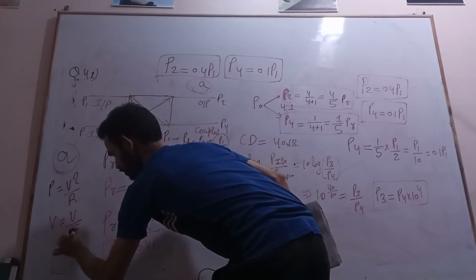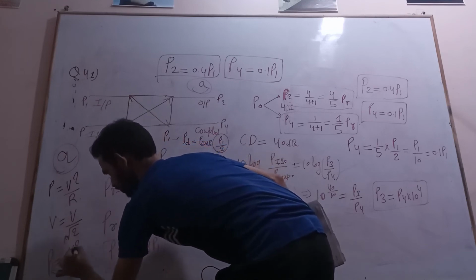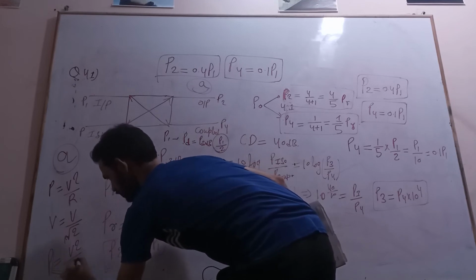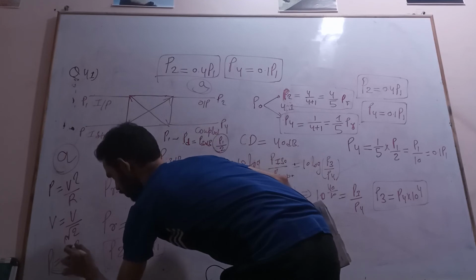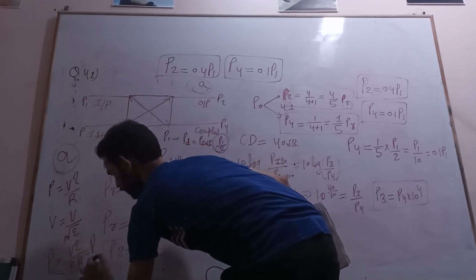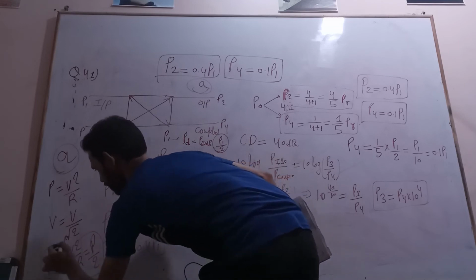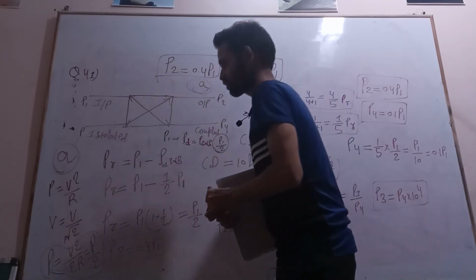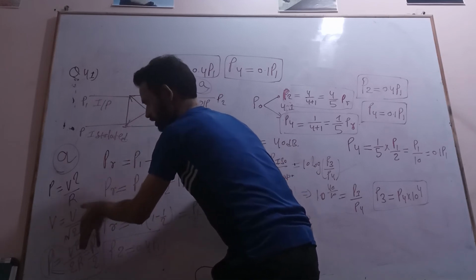Similarly, power is V square by 2R, which is the original power divided by 2. That's why power is just half.